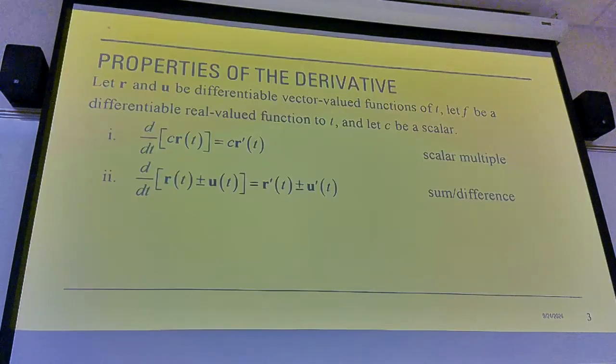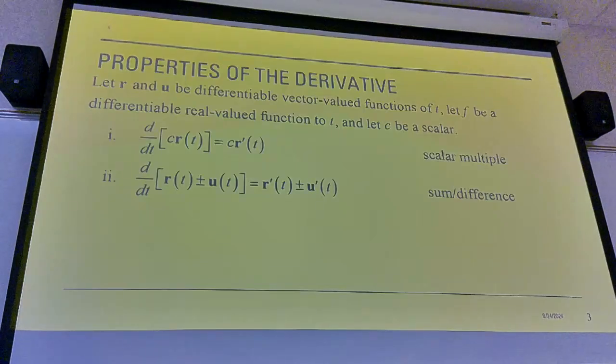How many products do we actually have for vectors? I know which two you're thinking about. Dot and cross. There's one more. Scalar.